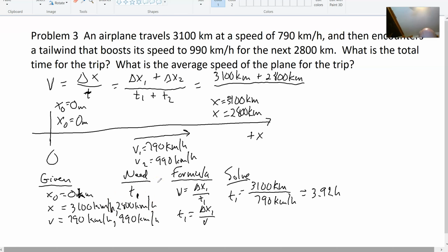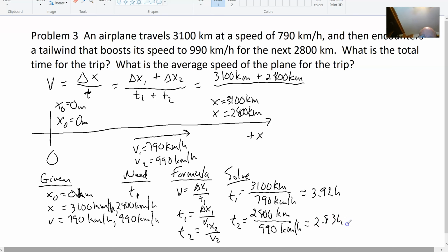And then I'm going to have the same formula, t2 equals x2 over v2, so t2 equals 2,800 kilometers divided by 990 kilometers per hour. That's going to give us 2.83 hours.